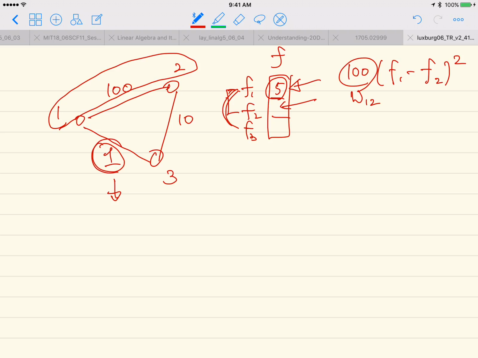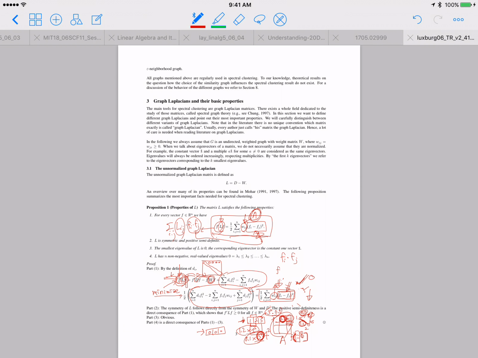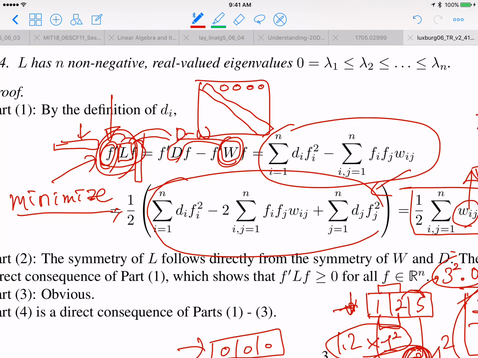And also, if this one becomes 0, which means there is no edge between these two nodes, then we don't incur any loss, even if this value is maybe 40 and this one is 5, so that we have 35 squared, because the corresponding edge weight is 0. That's the intuition for how to optimally choose this vector f.